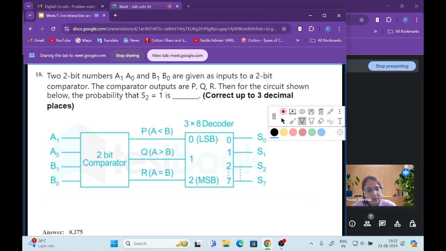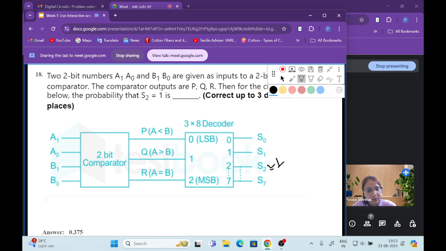The comparator outputs are P, Q and R, for A less than B, A greater than B and A equal to B. Then for the circuit shown below, what will be the probability that S2 will be 1?